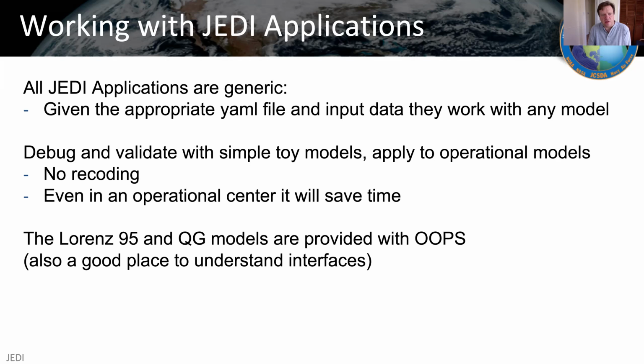So I would definitely encourage you to do things with toy models when you can as a first step, because it will make your debugging much faster and much easier. And we provide two toy models with OOPS, the Lorenz 95 and QG models. So use those for that.